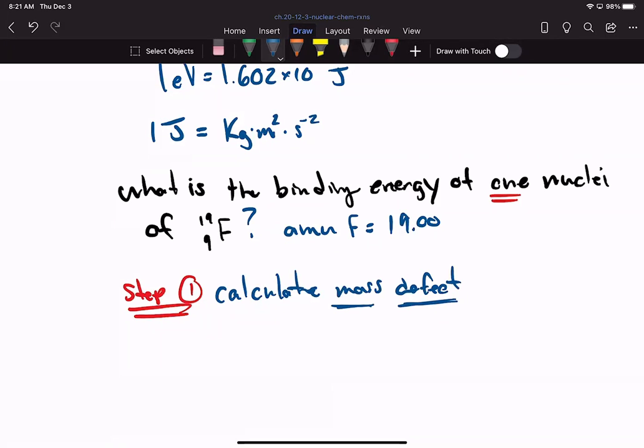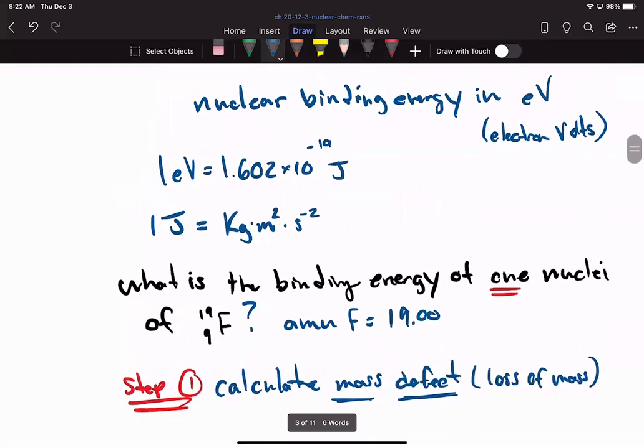Mass defect, this is our loss of mass. Our loss of mass, right?